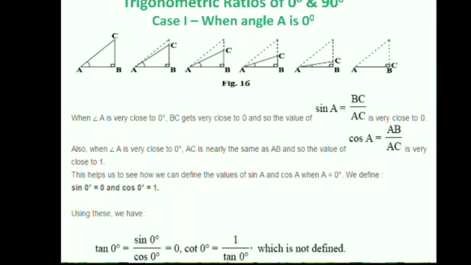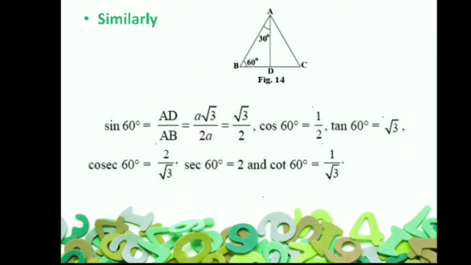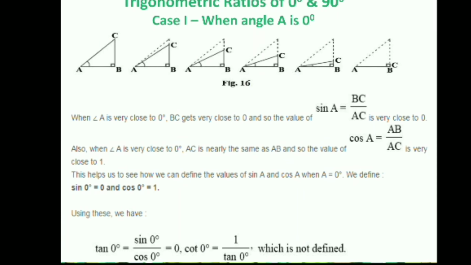This helps us to see how we can define the values of sin A and cos A when A is equal to 0. It means theta is 0 degree. So we define sin 0 is equal to 0 and cos 0 is equal to 1. Using these we have tan 0, a formula you will learn in the next video. Tan 0 is equal to sin 0 upon cos 0, because tan theta is the ratio of sin theta and cos theta.